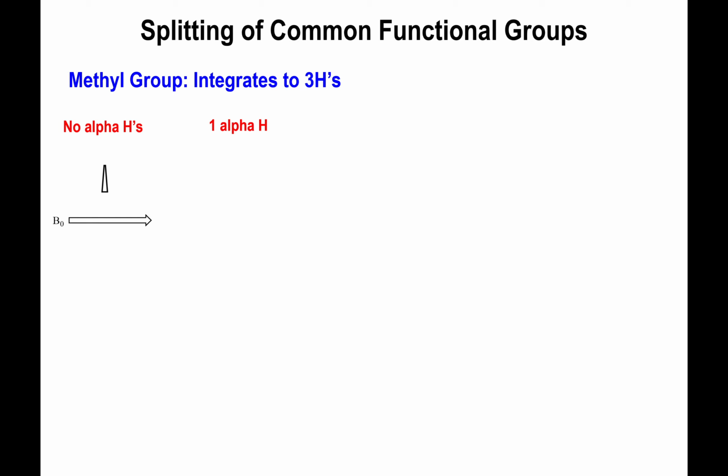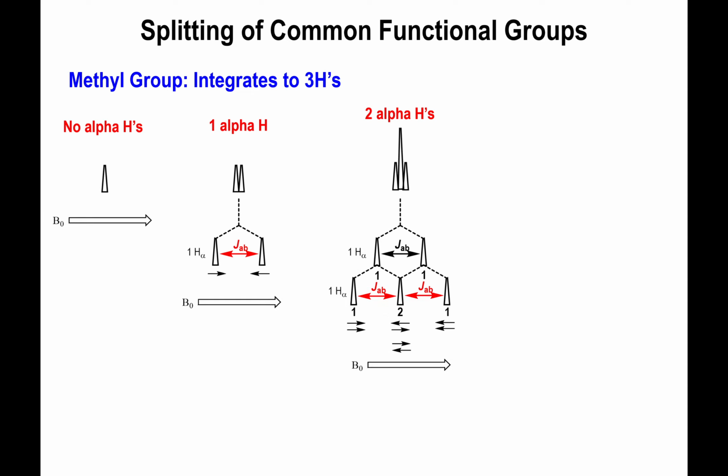But if the carbon next door contains 1 hydrogen, then the methyl group will be split into a doublet. Likewise, if next door you do have 2 hydrogens on the neighboring carbon, then your methyl group is going to be split into a triplet.